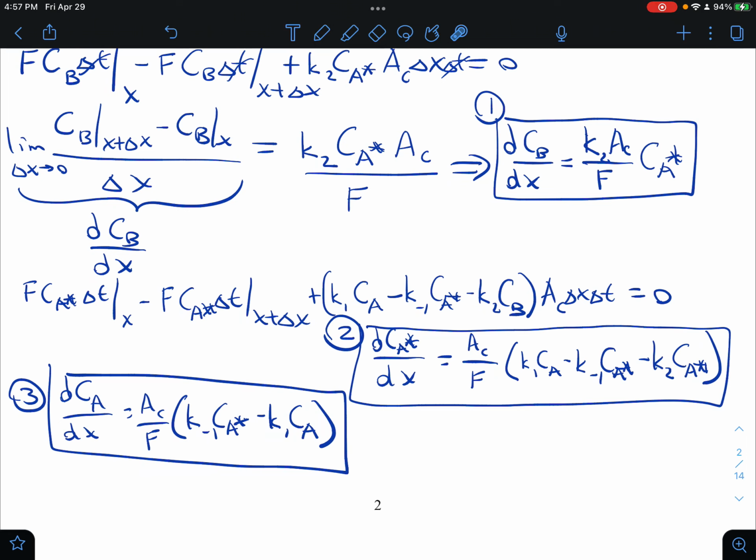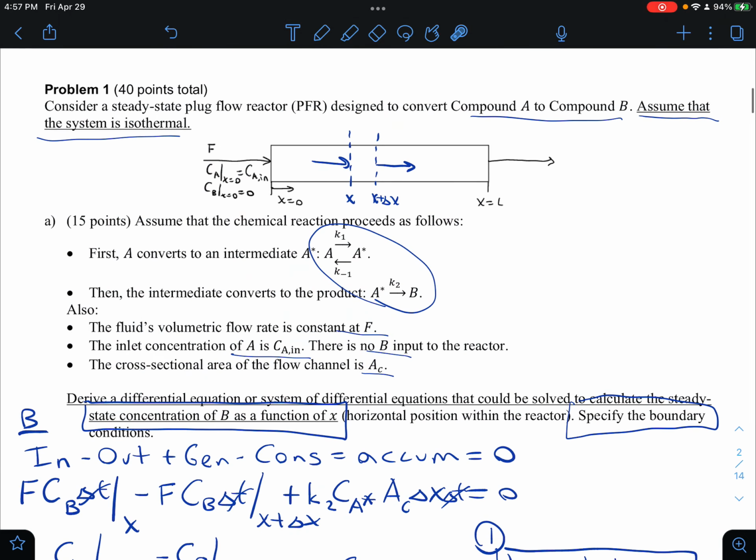You could call them dependent variables. They depend on x. So I should be able to solve the differential equations assuming I know the boundary conditions. Remember that we're asked for the boundary conditions. So in this case, I know my concentrations at x equals 0. So let me just write the BCs.